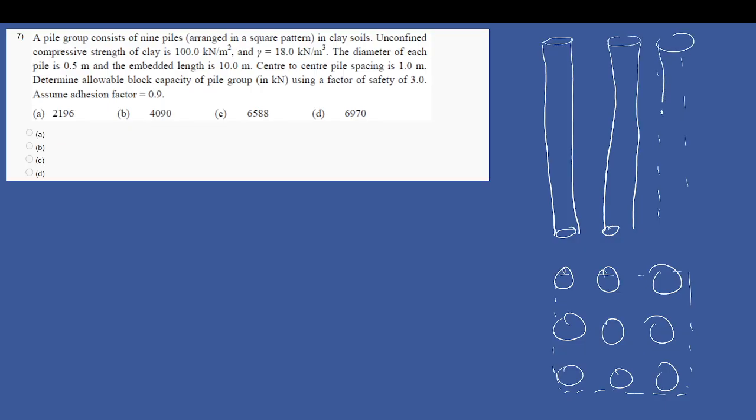So this is your another view. So this is the part which you are getting.